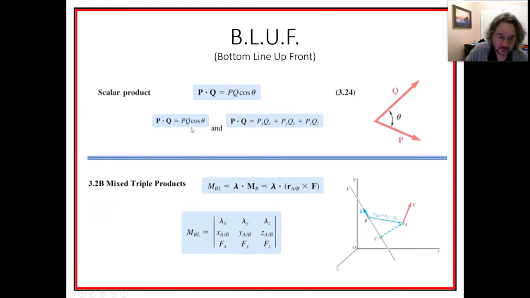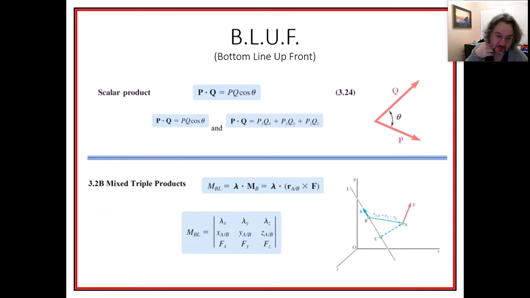We could also take each of the individual components and multiply them by each other and add them up, and that gives us the same thing. So we want to think of the dot product in these terms, remembering that we're getting a scalar out of it when we take these two vectors and dot them.